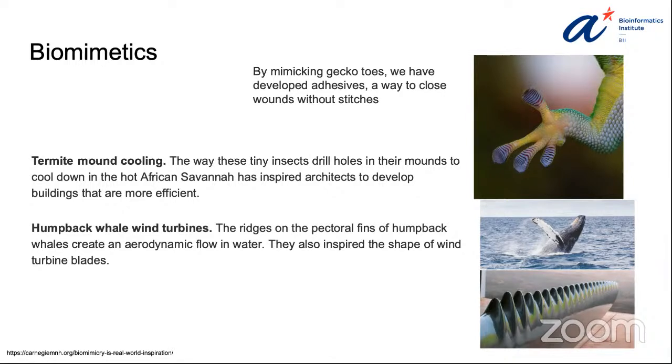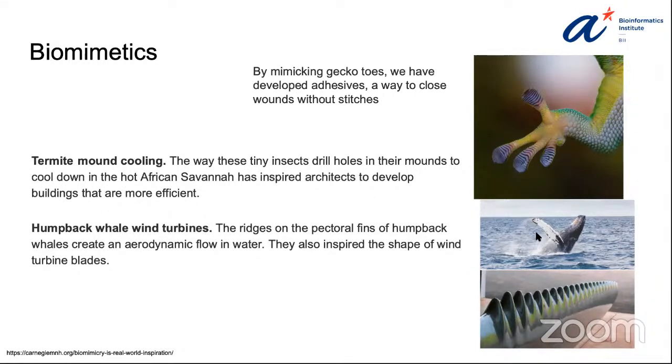So bio is bio, and mimetics is looking at something and translating that concept into a different area. Okay, so just like that, termites have a way in which they can create dirt mounds in the ground, and they have ways in which they can cool those mounds. And what architects have done is that they have looked at termite colonies and the way they are constructed, and translated that into developing designs for buildings, right?